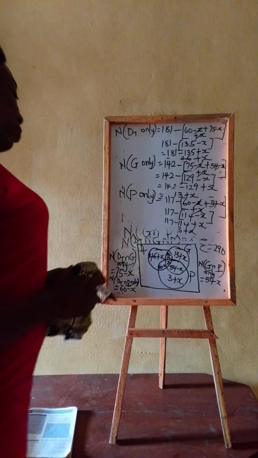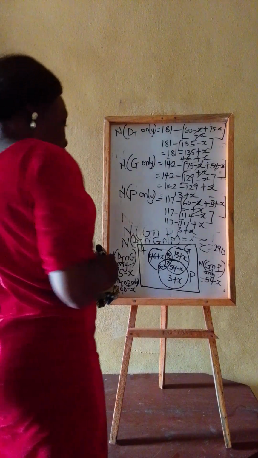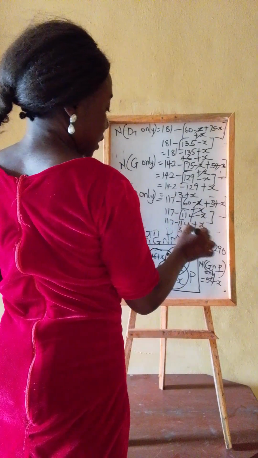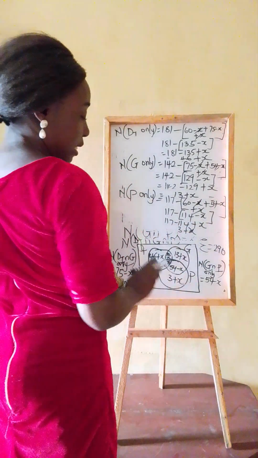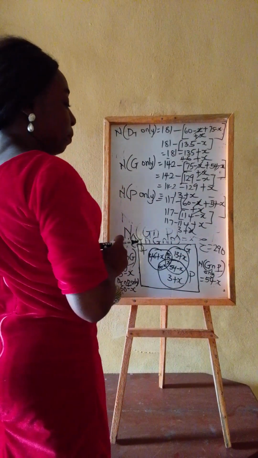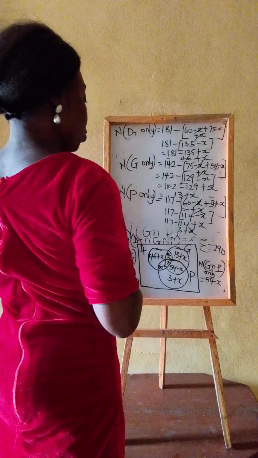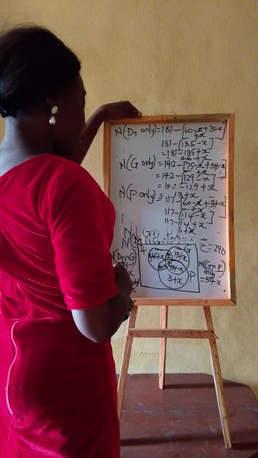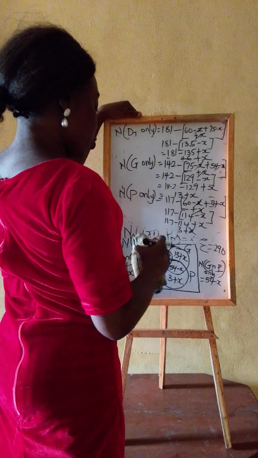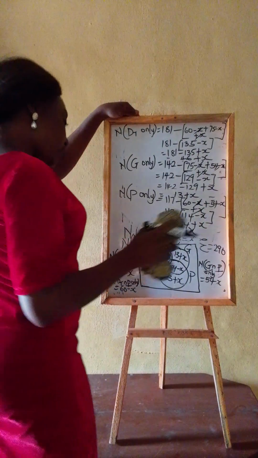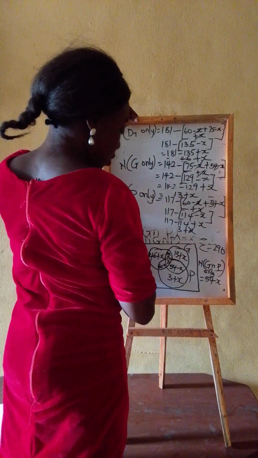So you've represented this well in a Venn diagram. This is what is expected, and this is how your Venn diagram will look. Once you are done with your Venn diagram, the next step is to calculate all the three papers.